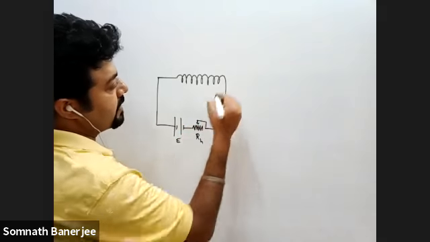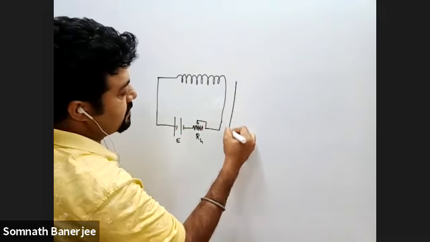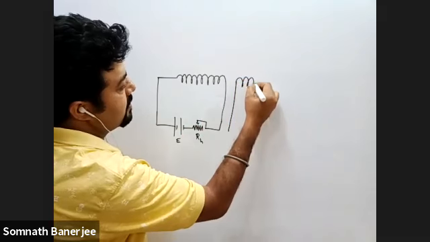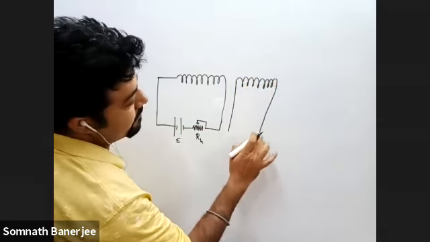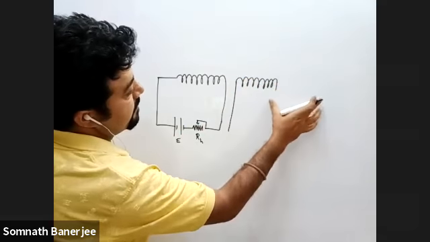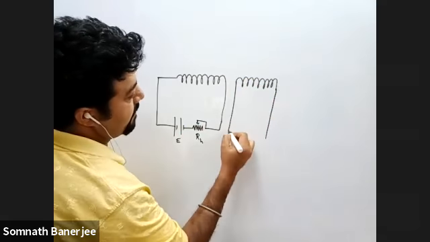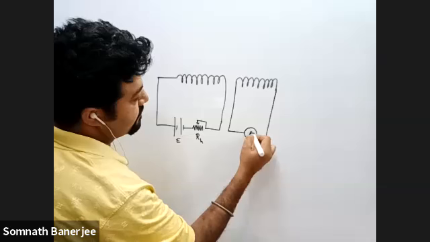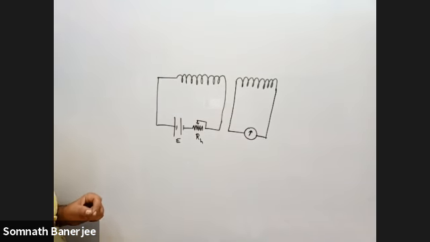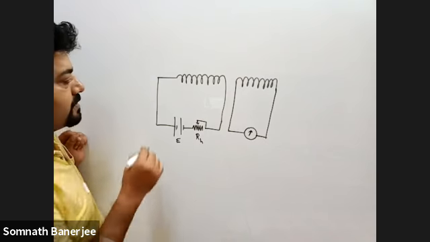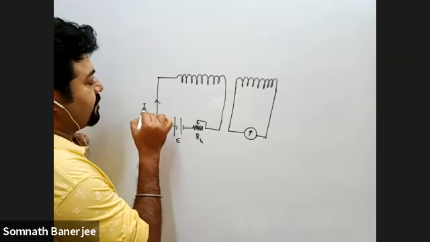And with this, if we put one more coil in this way, and if we put a galvanometer, and suppose current will flow.